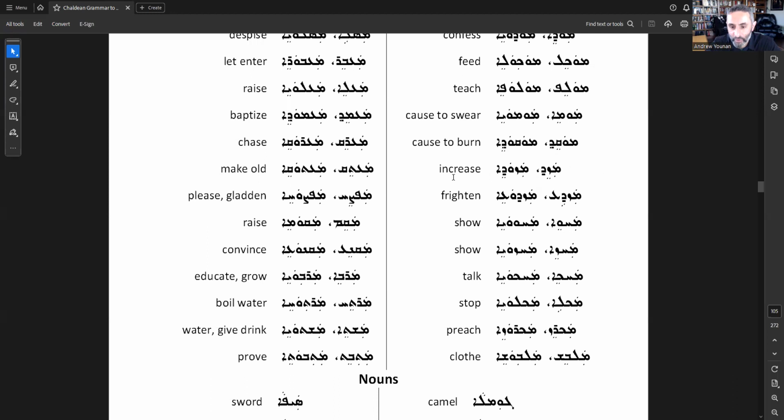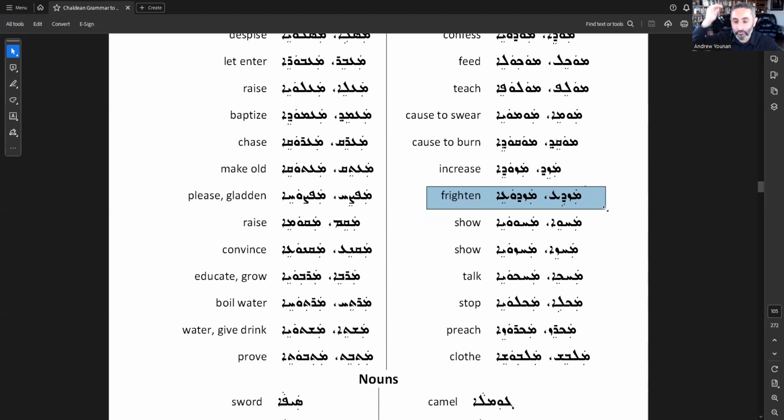Mezid, mezod, to increase, to cause something to get bigger. Zidle, here's the root, zid, zod, it's a hollow verb, is to get bigger. Mezid is to make something get bigger, to cause it to increase. Mezde, mezdoe is to frighten somebody. The root is zade, to be afraid. So frighten is to cause somebody to be afraid.